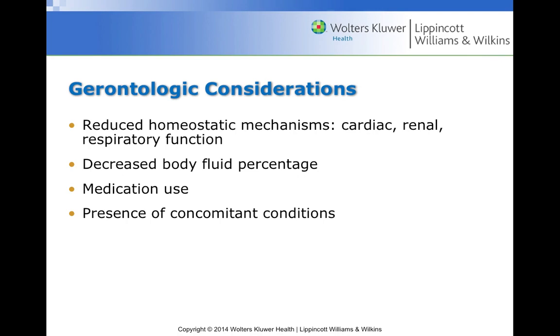Loss of subcutaneous supporting tissue and resultant thinning of the skin occurs with age. The dermis is dehydrated and loses strength and elasticity. These skin changes affect the placement of peripheral IV catheters in older adults, which we will talk about when we get to the IV portion.